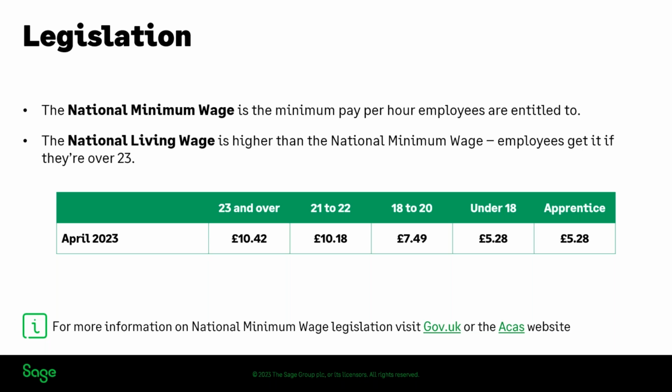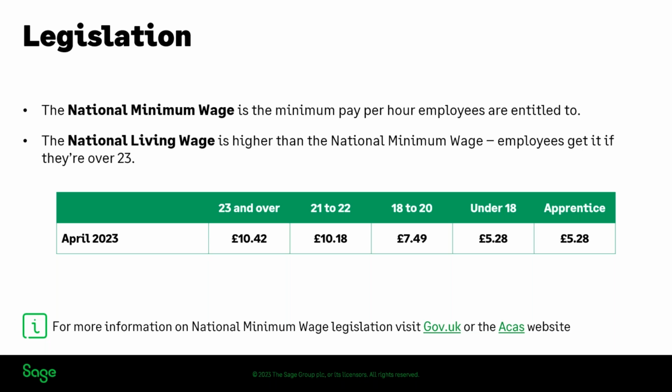So when it comes to apprentices, if the apprenticeship lasts more than a year and the employee is 19 or over, after that first year, they would then get the minimum wage for their specific age. But if they're under 19, they can stay on the apprentice rate of £5.28.